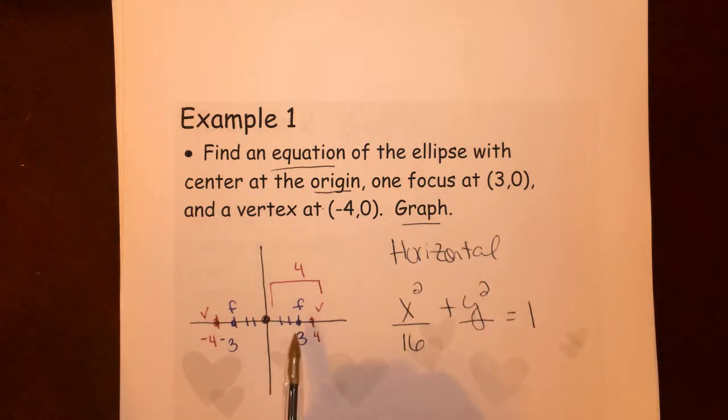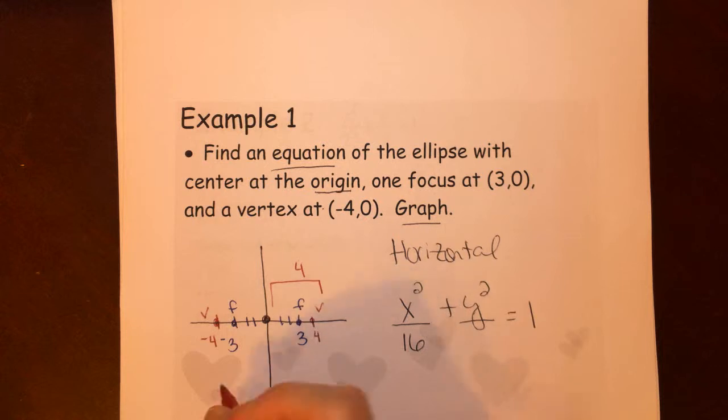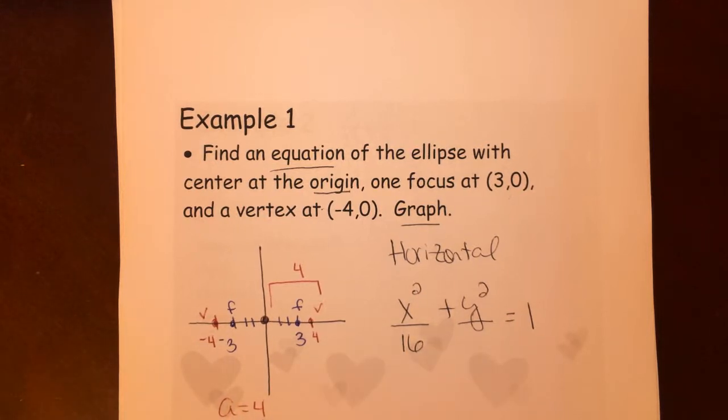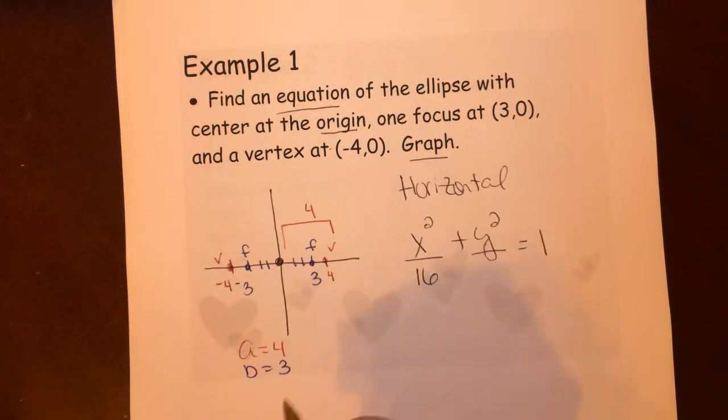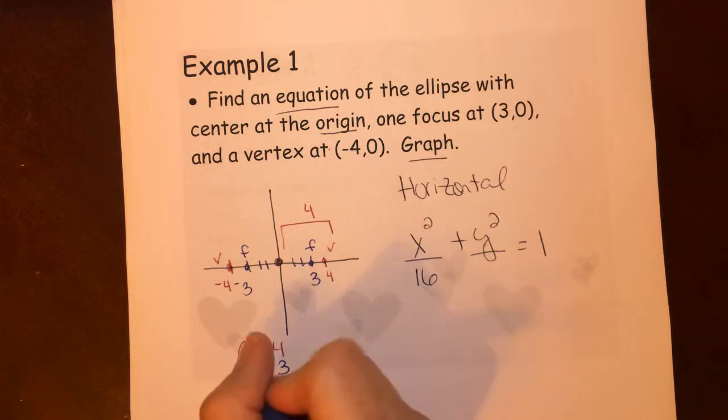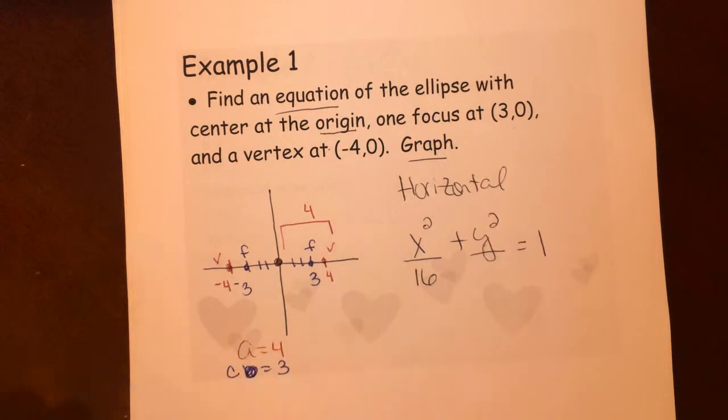And they didn't give me b. They told me that a was equal to 4, and they told me that c was equal to 3. So what I'm going to do is use the equation where b squared equals a squared minus c squared. The c is for your focus. And I'm going to solve for my b.